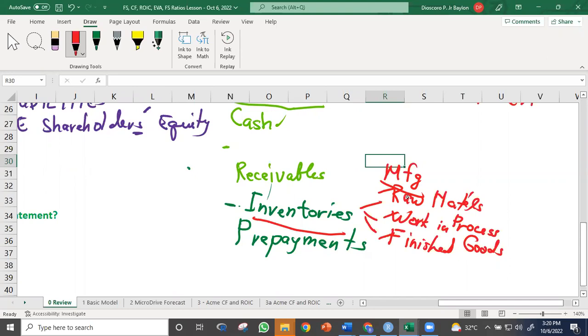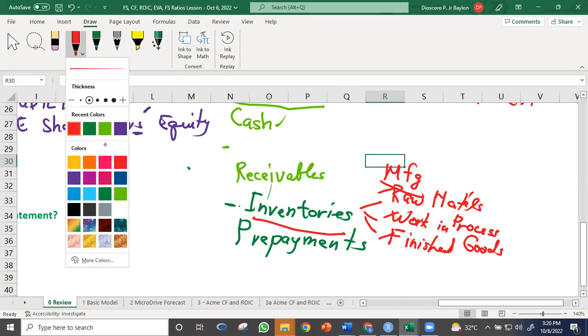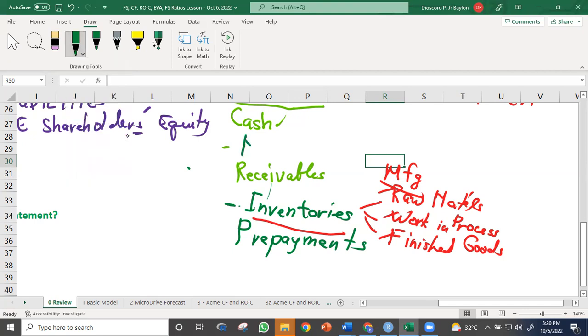Okay, we have one last. What is this? What short-term assets have we not yet identified here? What's this, class? So there are five, right? Cash, and it can be cash and cash equivalents, included here.